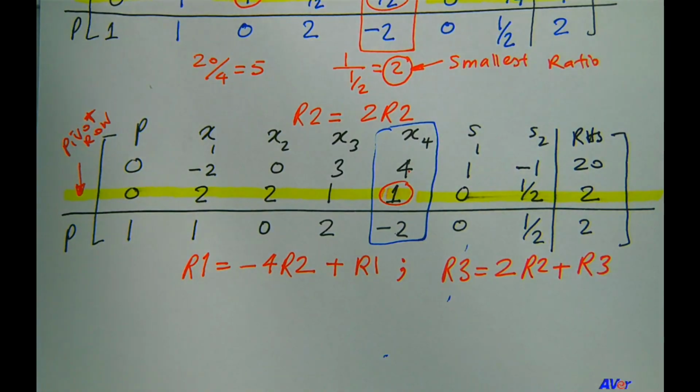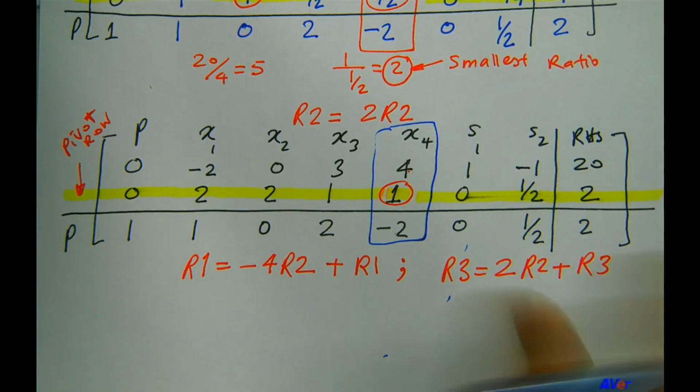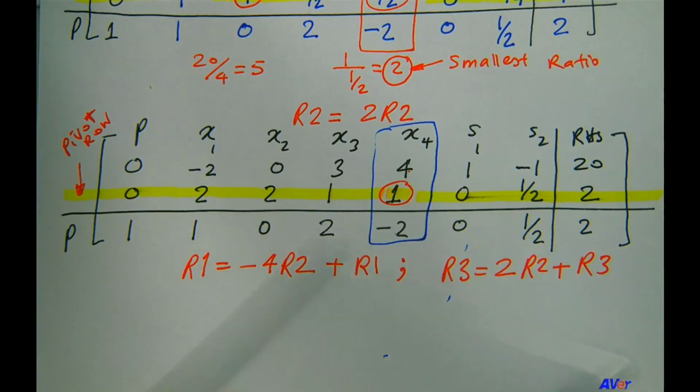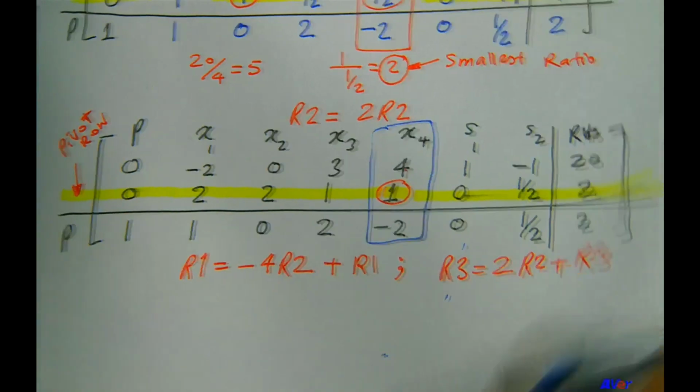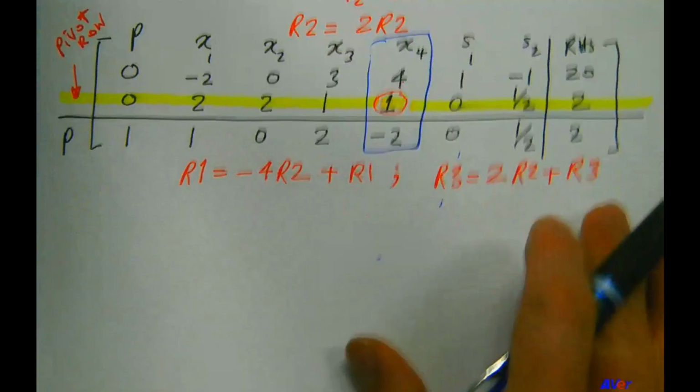Okay? I hope this matches whatever you've done on your own paper. I hope these things that I'm writing down agree with your solution. That would be wonderful if that's the case. All right, so let's write down the next tableau according to these two row operations, right?